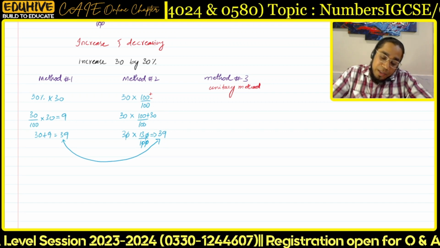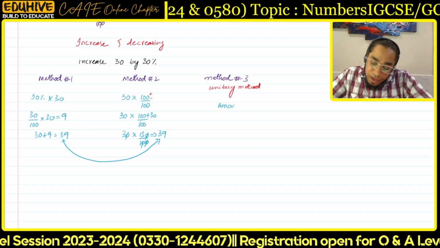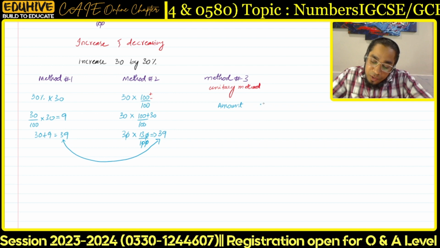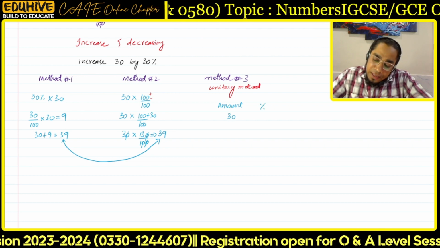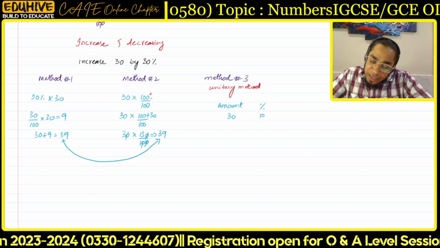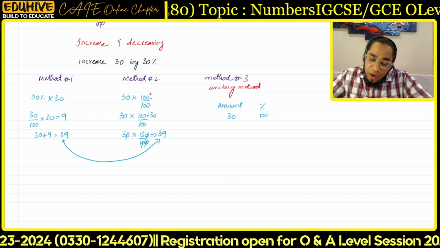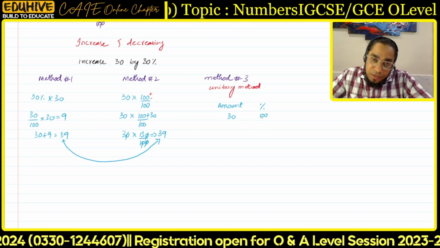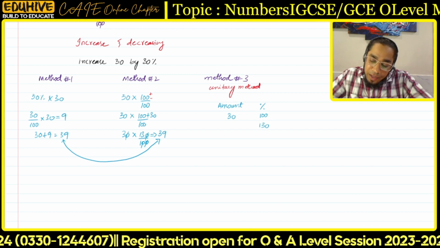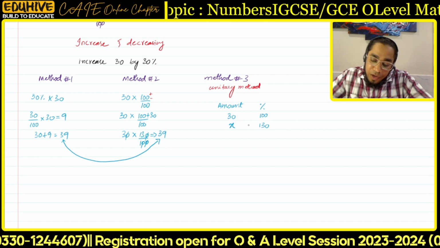So in this method, he will write amount over here and percentage over here. The amount is 30, and it is 100% complete. Now he wants to increase it by 30%, so he is going to add 30 here. That's going to be 130. Now he wants to know what the amount will be for 130.